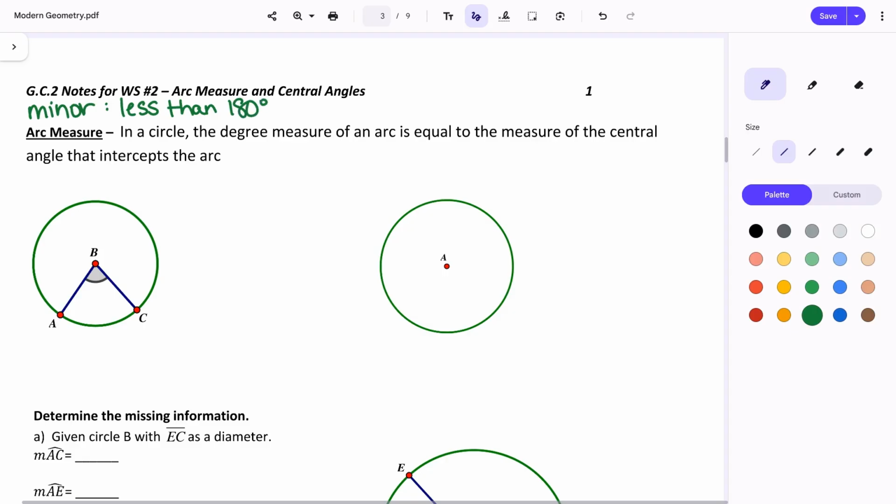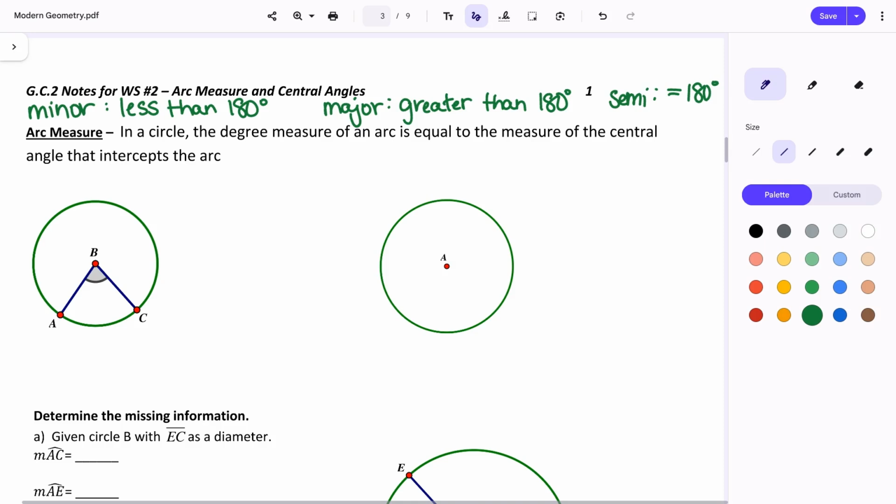So I'm just going to write this at the top. A major arc had to, good, greater than 180. And a semicircle? It equals 180. Good.